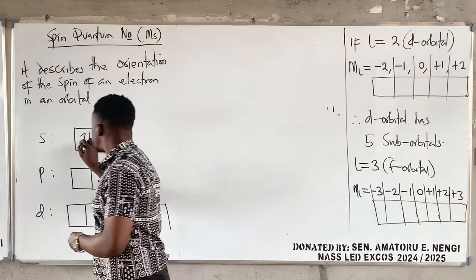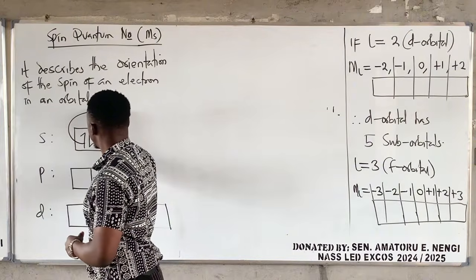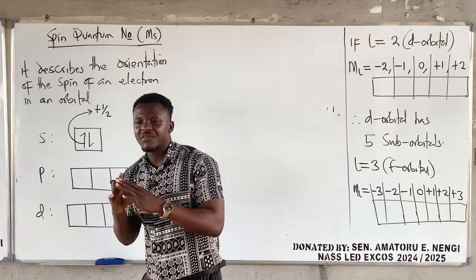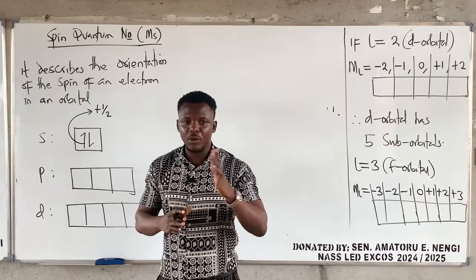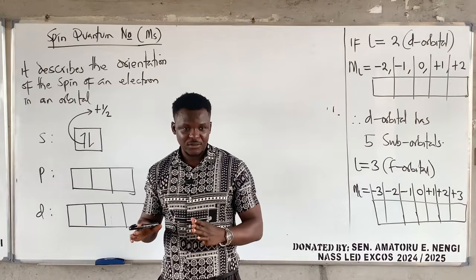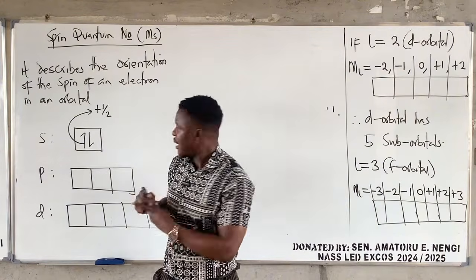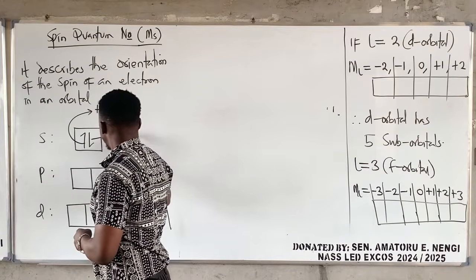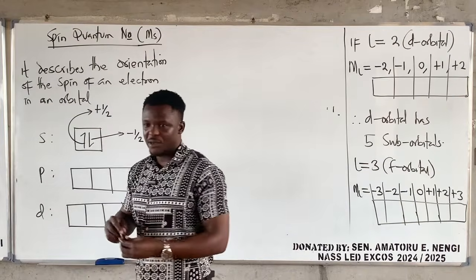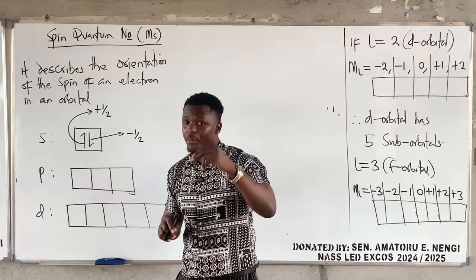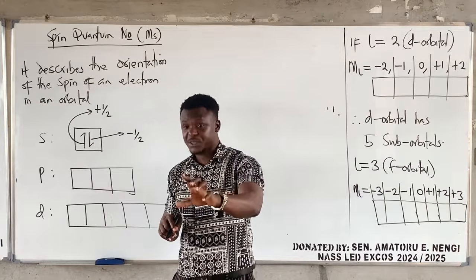Now, the value of spin for the first electron is always plus half. Spin always has a value of half. It is either plus or what? Minus. Plus is the one that enters first, the one that is pointing up. And minus is the one that is doing what? Pointing down.